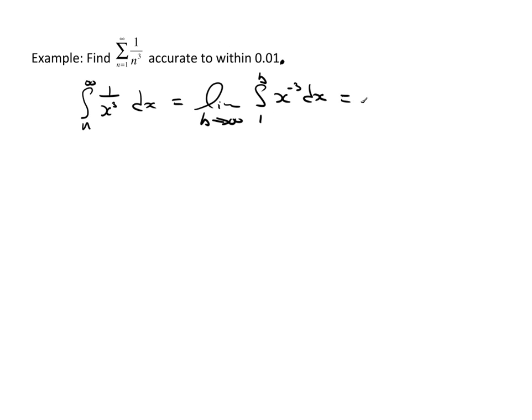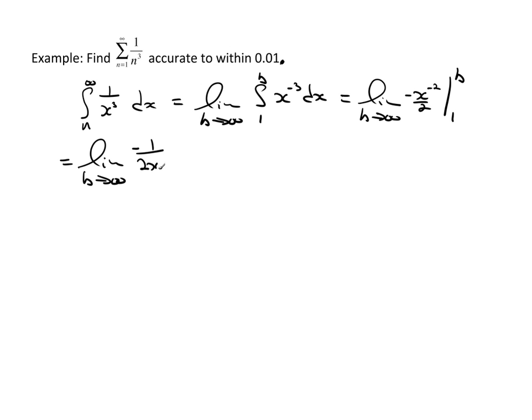This is going to be equal to the limit as b goes to infinity of the antiderivative, negative x to the negative 2 over 2, evaluated from 1 to b. Now I'm going to rewrite this, just so you can see what's going on a little bit easier, as the limit as b goes to infinity of negative 1 over 2x squared evaluated from 1 to b. See, it's the same thing.